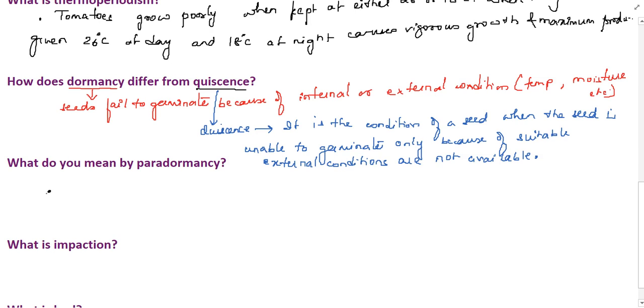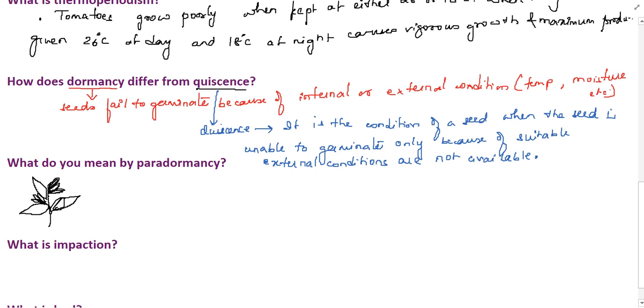That means if this is a bud, and these are the nearby leaves, because of the nearby leaves, this bud is not able to germinate.